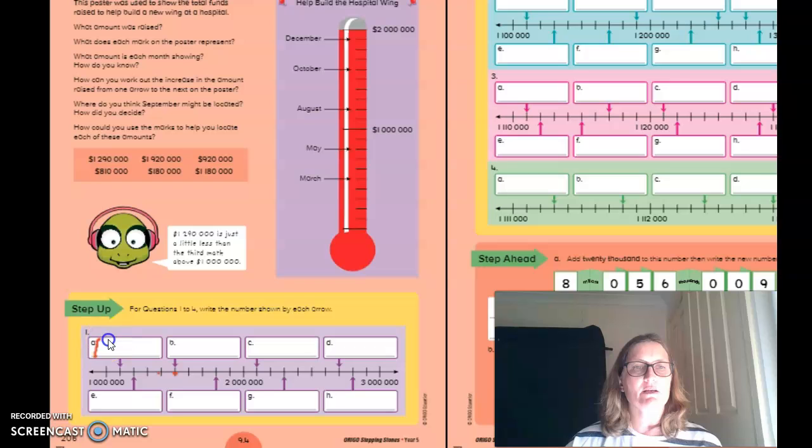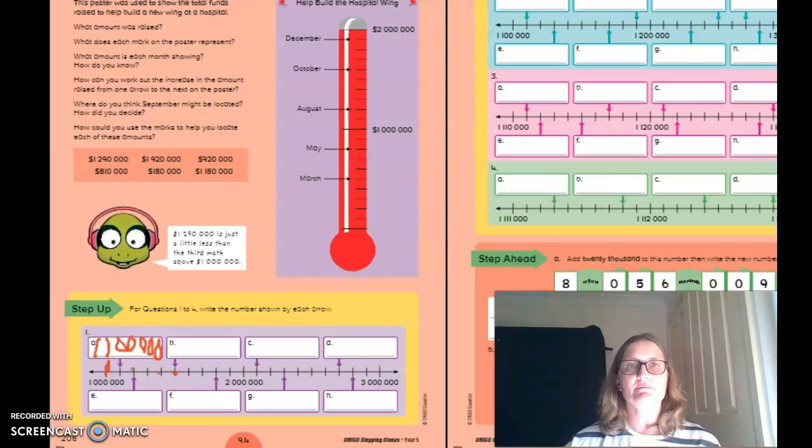So this is going to be 1,100,000. Okay, so that's what it's going up by. Here's 1 million, 1,100,000, 1,200,000, 1,300,000, and so on. If you need to, write them all in, and then you'll easily be able to fill in those spaces.